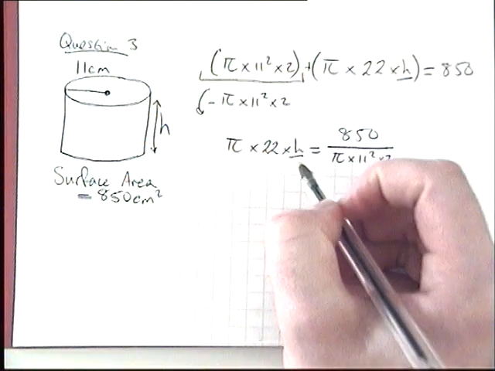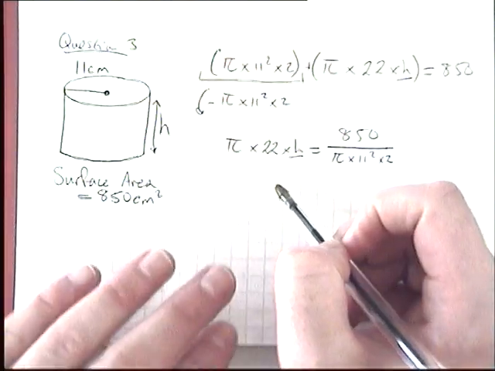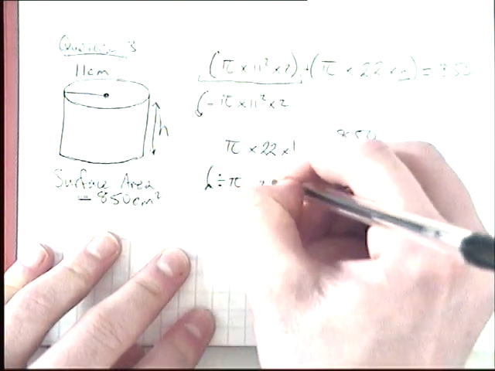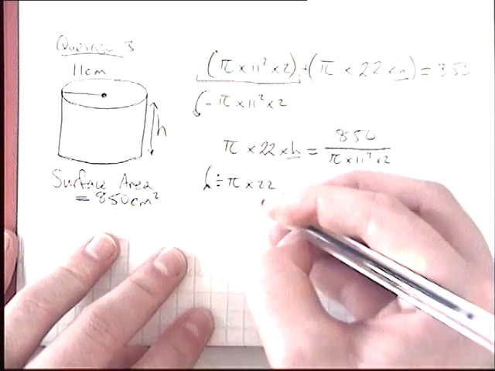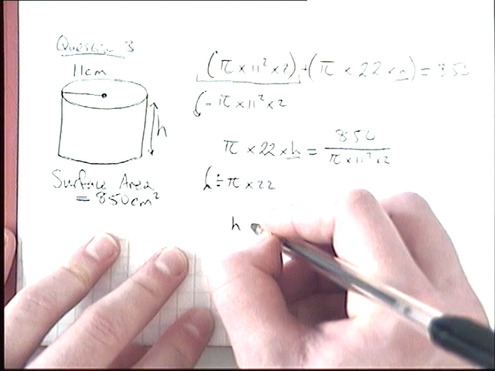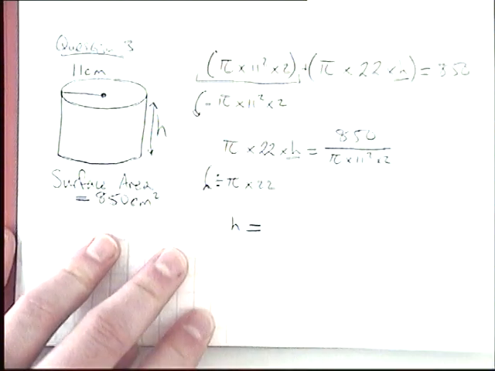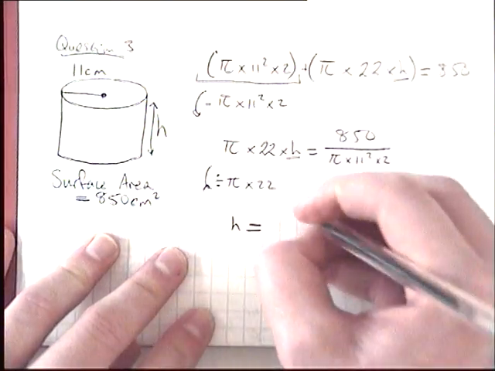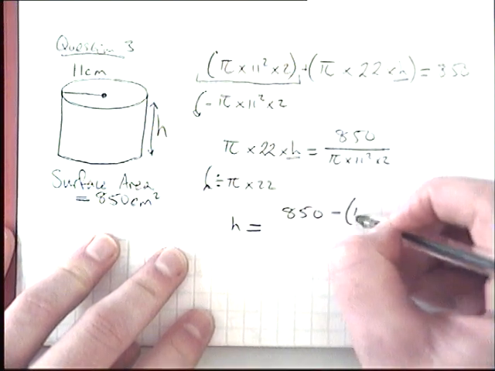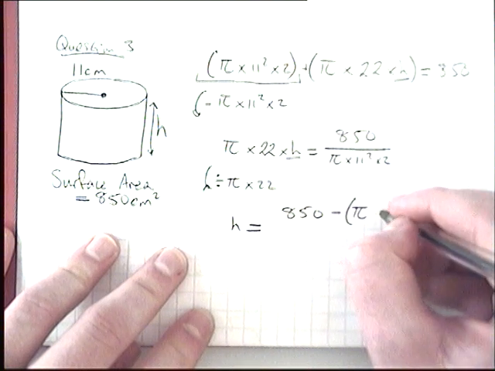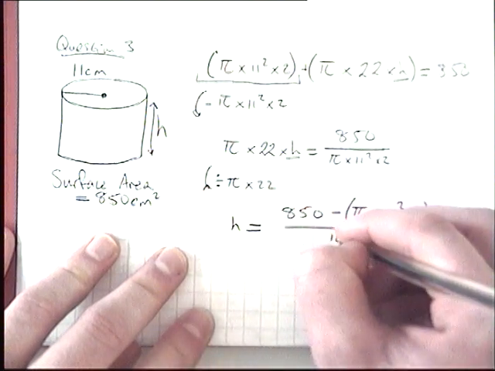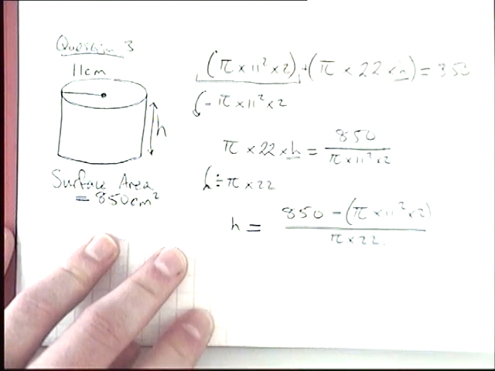Now, to get the h on its own, we need to get rid of the pi and the 22. So we're going to divide both sides by pi times 22. So that's going to leave us with h equals 850, and that should have been minus pi times 11 squared times 2, all divided by pi times 22.